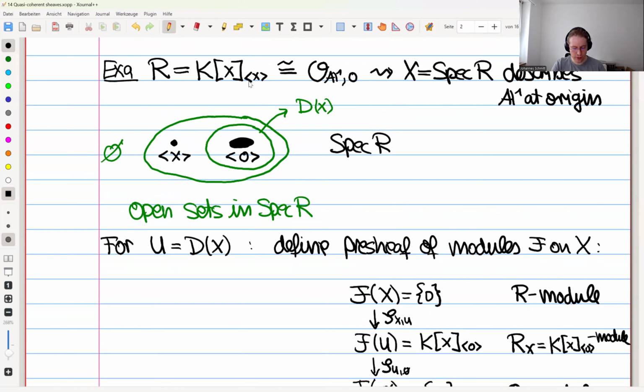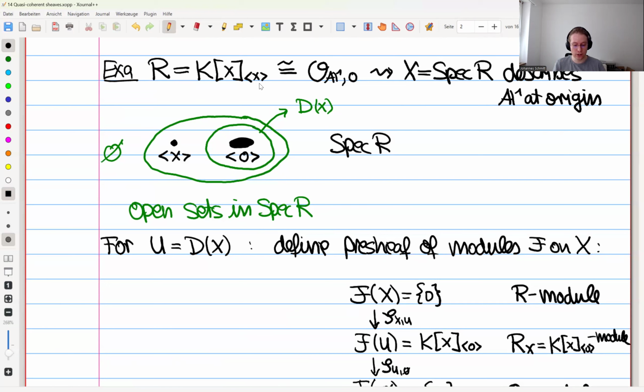Now we have to be careful. Here we localize at this prime ideal, so we're allowed to divide by anything not in this ideal. And so if K is algebraically closed, this just means we're allowed to divide by any function not vanishing at the point 0. And then if we localize additionally at x, well, then we also allow to divide by this function x, x squared, and so on.